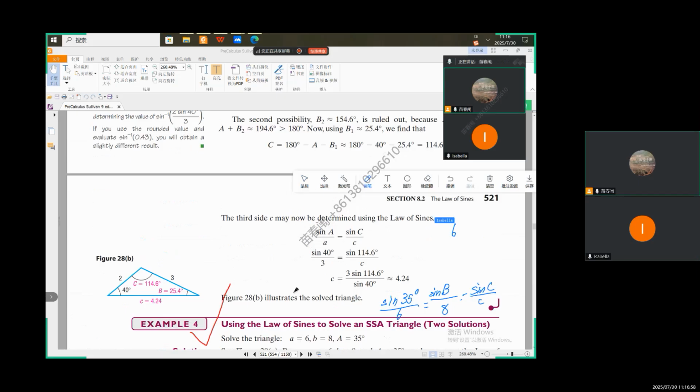Oh wait, 6 to the power of 2 plus 8 to the power of 2 equals. Wait, why did you? You can't really know it's 90 degrees. Are you using Pythagoras? I'm just guessing what C is.